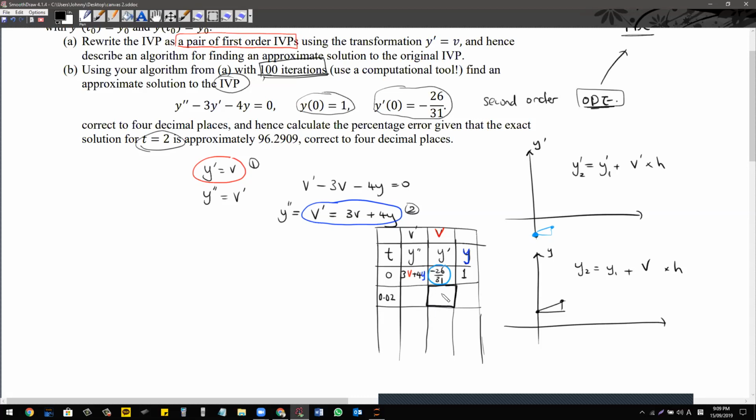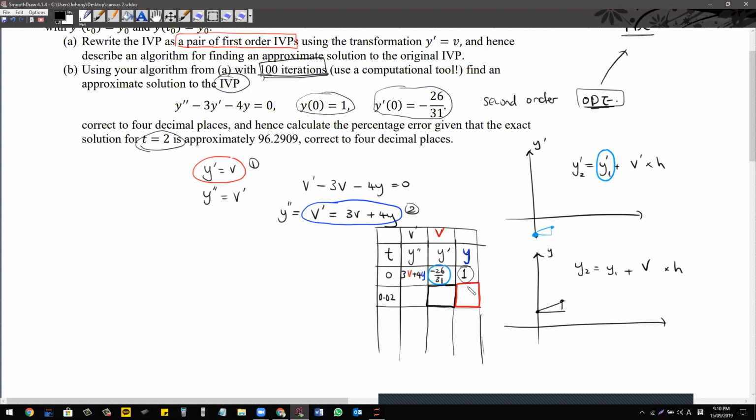We take that value, plus this one here times by 0.02. Right. And how do we do this one here? That will be similar: this one plus this one here times by 0.02.